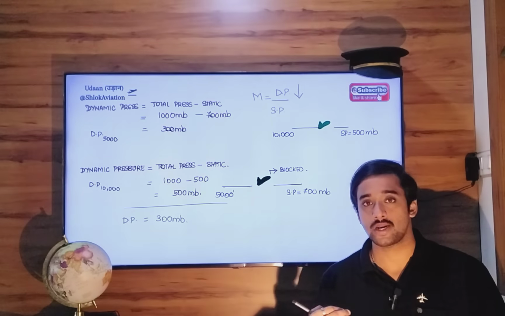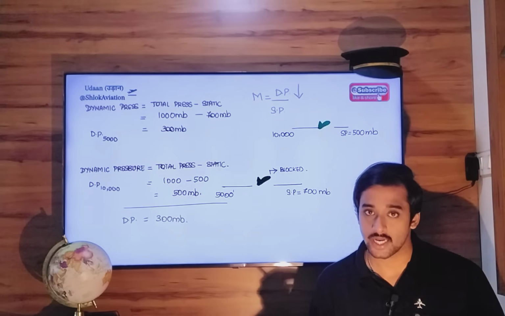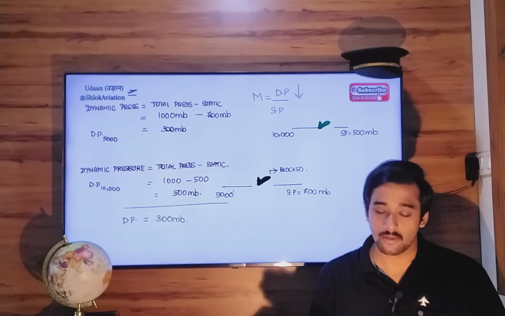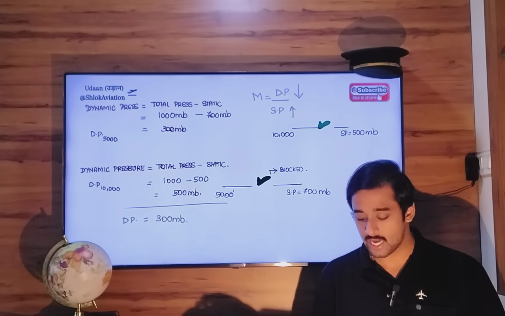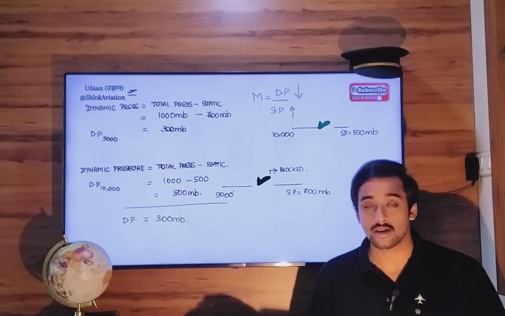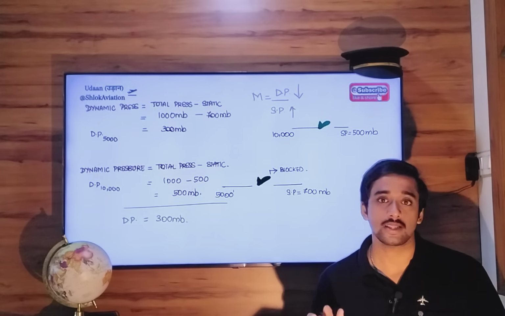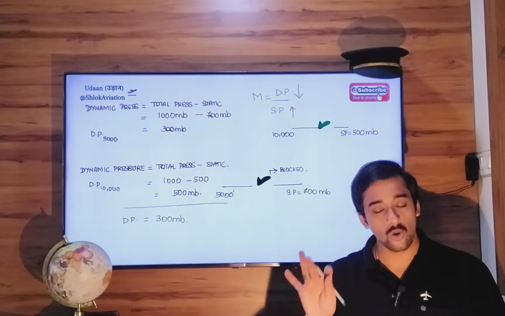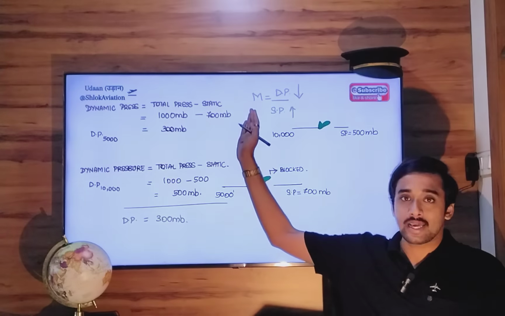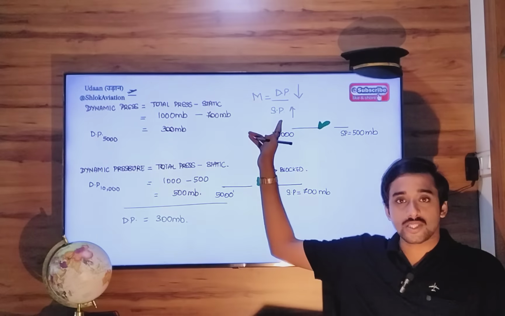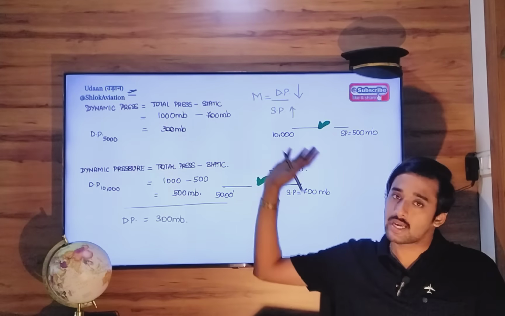So the ASI instrument is not registering a decrease in static pressure. Whatever static pressure was at 5000 feet, that comparatively higher static pressure will remain trapped in the instrument. So what will be the overall effect on Mach number? Dynamic pressure decreases, Mach number will decrease, inversely proportional to static pressure. So static pressure increases, Mach number decreases.